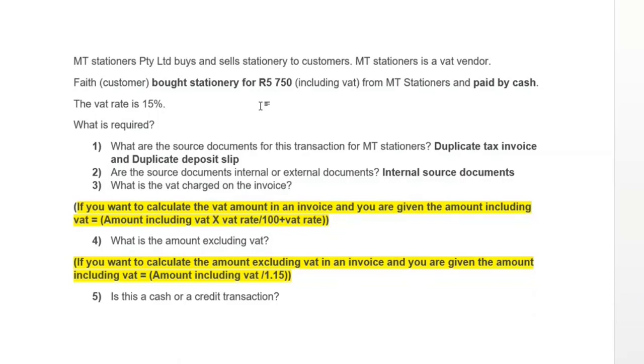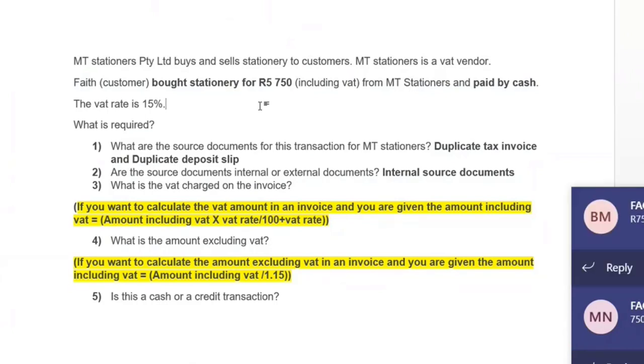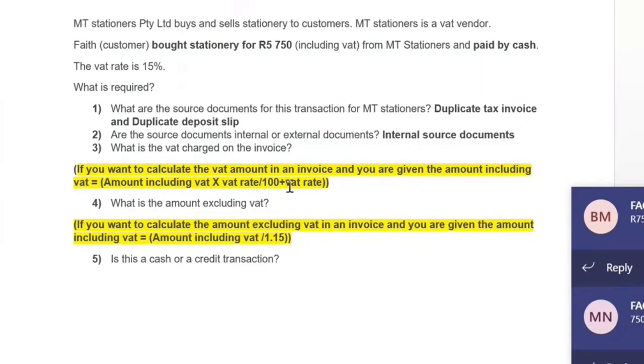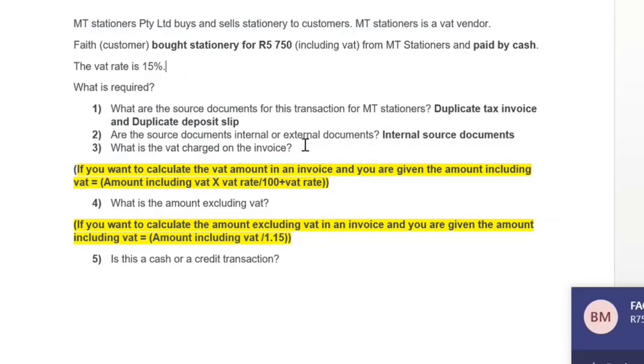Neo is saying 862.50 cents, and Desiree is saying 750. Mpo is saying 750. Bulumko is saying 750. Okay, so guys, most people are saying 750. So the answer is 750. How did we calculate 750?